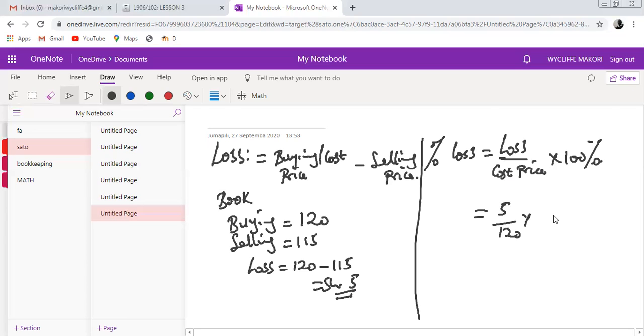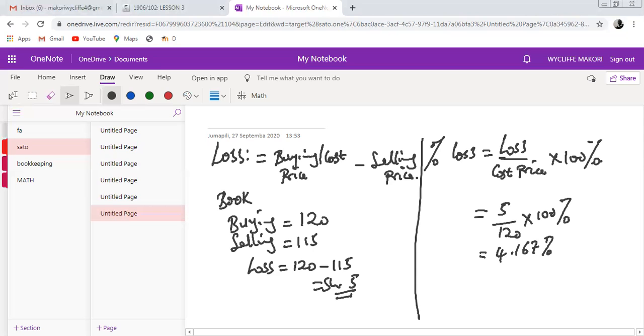Then you multiply by 100%, and 5 divided by 120 is 4.167%. That is the percentage loss.